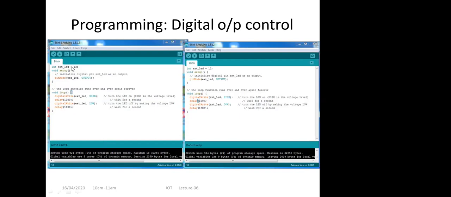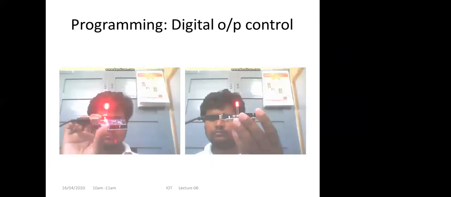But to glow an external LED, it is definitely required, because the onboard LED is mounted on the board itself, so nothing specific is required. But when we connect some external thing, we need to specify to the board that the external thing connected to this pin can be either analog or digital. We'll see both differences.